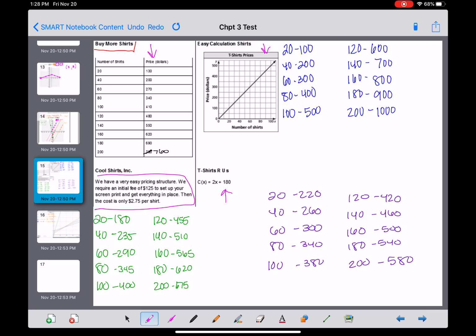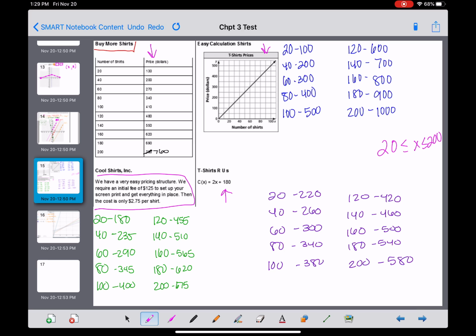There were 2 main methods that were used, and the first was creating a table. An issue that some of us had when we created a table, though, is that we didn't include enough values. They wanted you to compare T-shirts from the interval of 20 to 200. Some of you didn't go up to 200 shirts. Some of you went up by 10s, 20, 30, 40, 50.